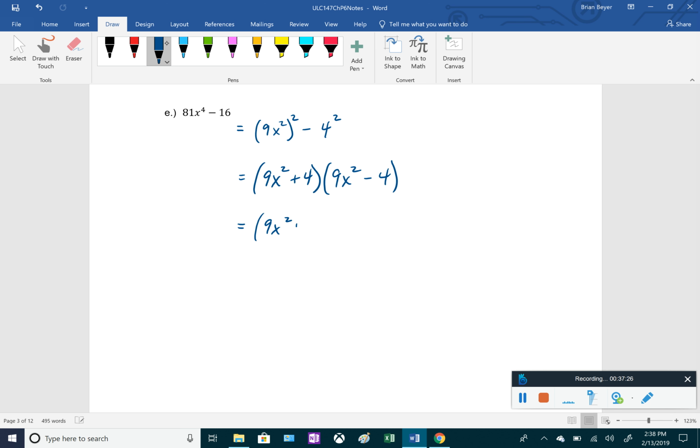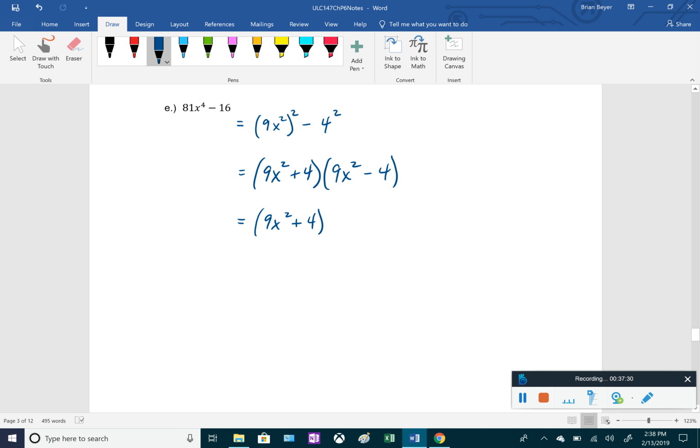Like I said, this one's prime. Anytime it has a plus like that, it can't be the difference of two squares because it's not a difference. It's not subtraction. 9x squared minus 4 can actually be factored using difference of squares as 3x plus 2 times 3x minus 2. If you really wanted to, you could go back, distribute everything, make sure you get what you started with. That would be a pain, but it is doable.